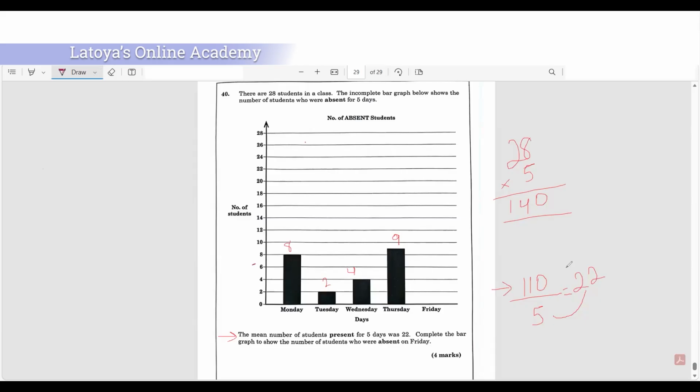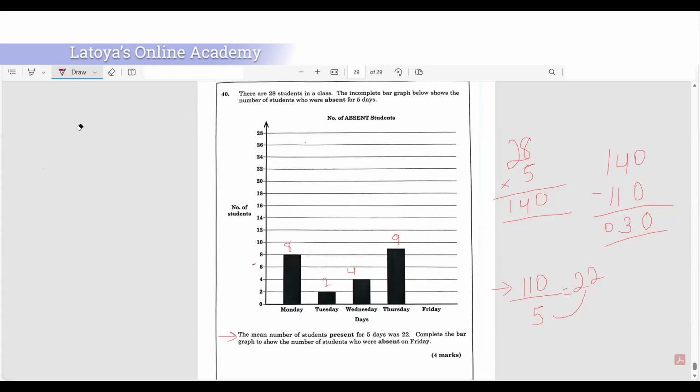So if we subtract those who are actually present from those who are supposed to be present, what would we remain with? Those who were absent in that week. So we are getting 30. So 30 students were absent in that week. So if we add 8, 2, 4, and 9, that's going to give us a total of 23.